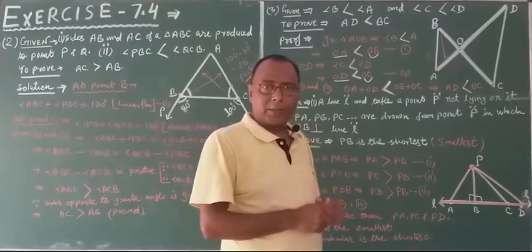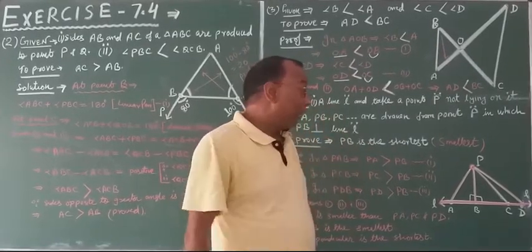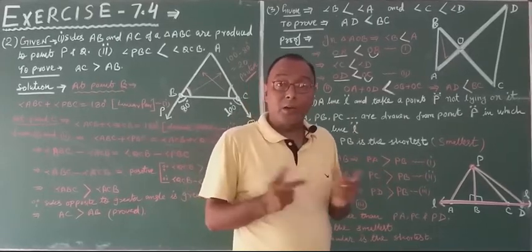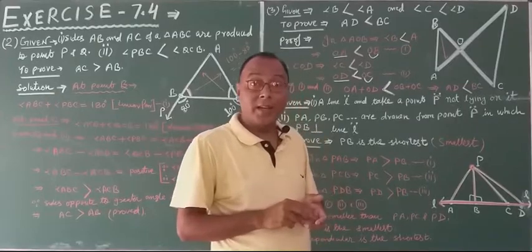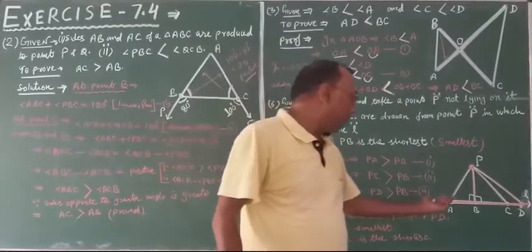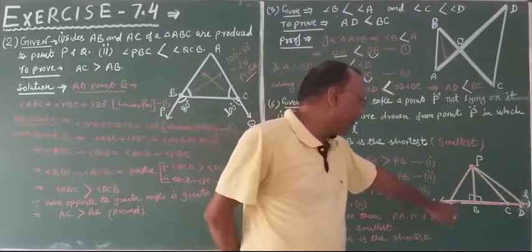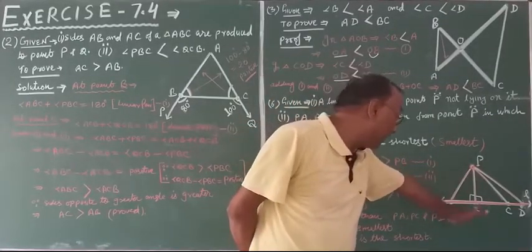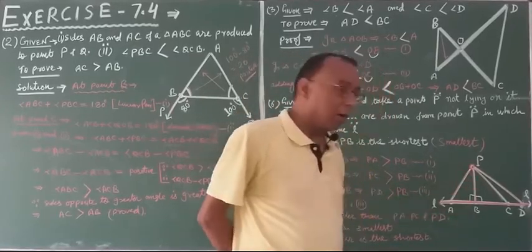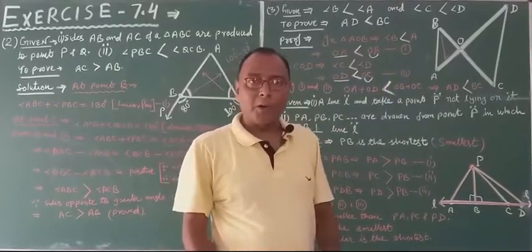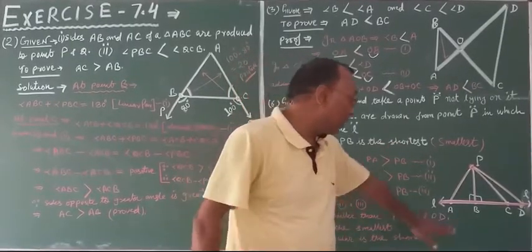Just remember that question number 1. What is in that question? That the hypotenuse is the longest side in a triangle. It means what will happen in this triangle PBA or PAB? This PA will be greater than PB. We are not considering AB because AB is the part of line L. So we are not considering that.